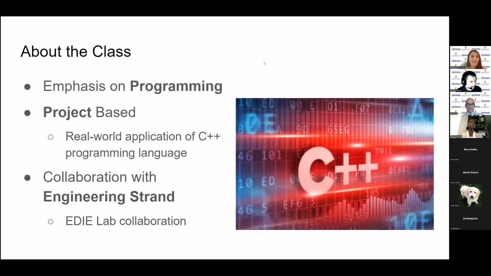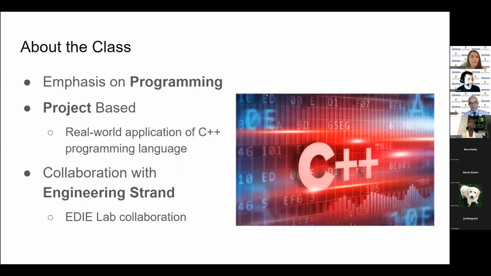Anyway, this program is project-based. It'll be focusing on real-world applications of the C++ programming language. So you'll get assignments that have real-world applications, and you're expected to do them. And we also have this collaboration with the engineering strand called ED Lab.